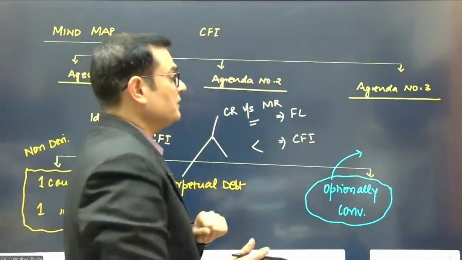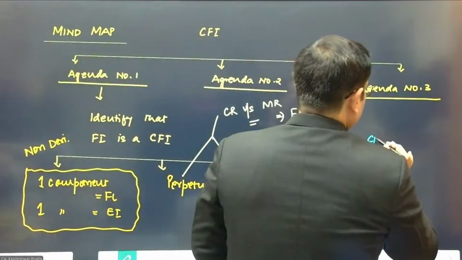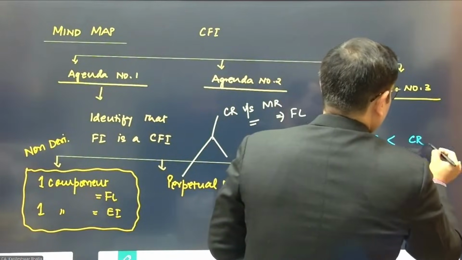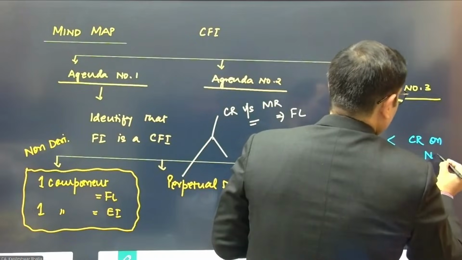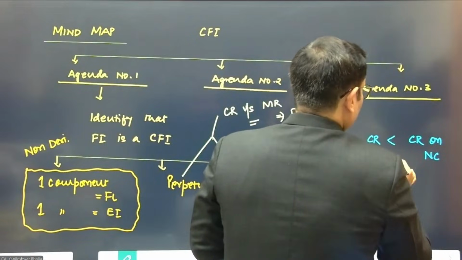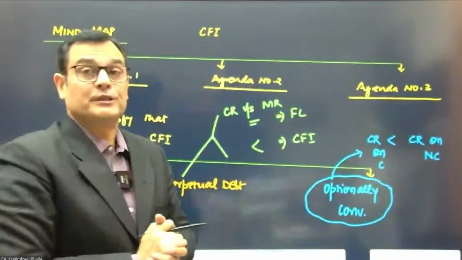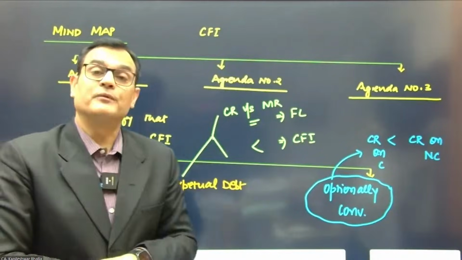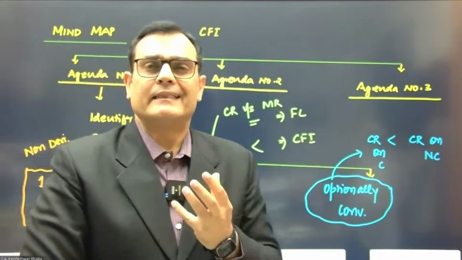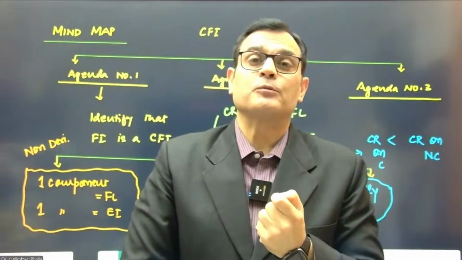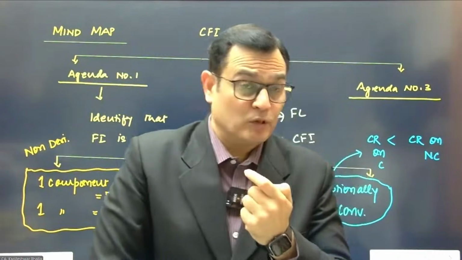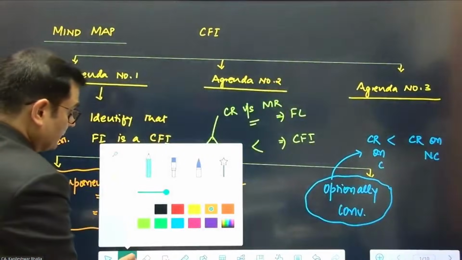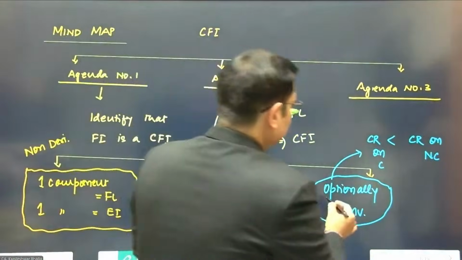The coupon rate on a convertible instrument is always less as compared to the coupon rate on a non-convertible instrument. The company would be paying less, and that would mean that it is a case of CFI.